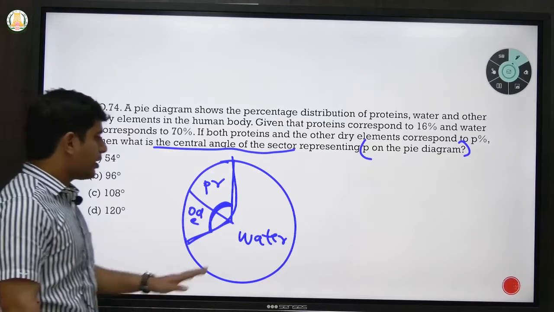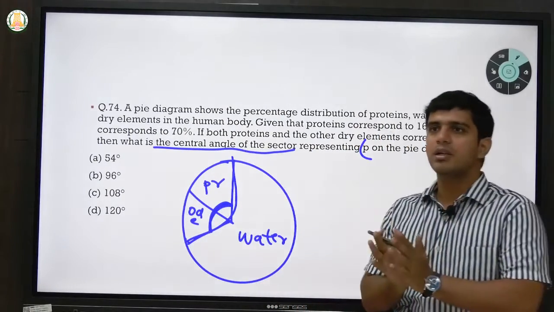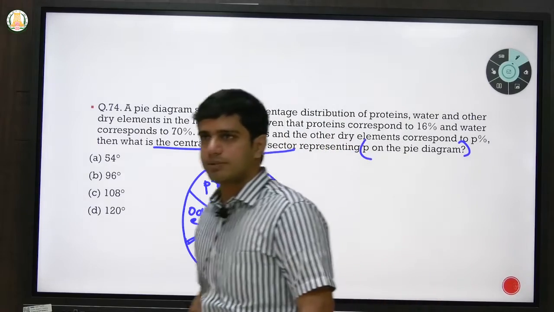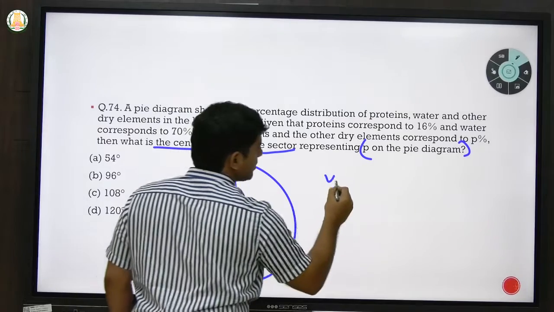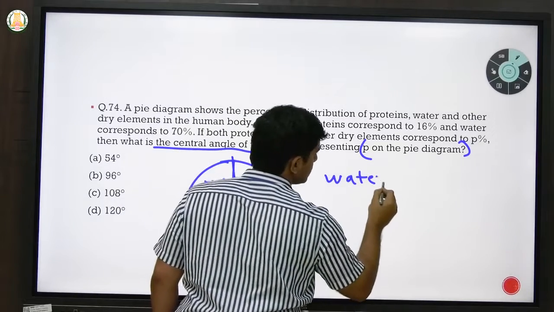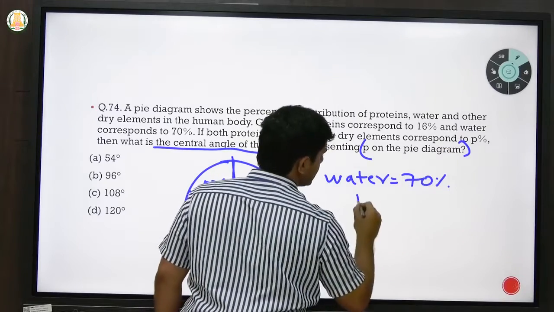So normally in a pie chart, how do we do this? This angle is proportional to the percentage that it contributes. Now let's say water is 70% and whatever P is telling is 30%.